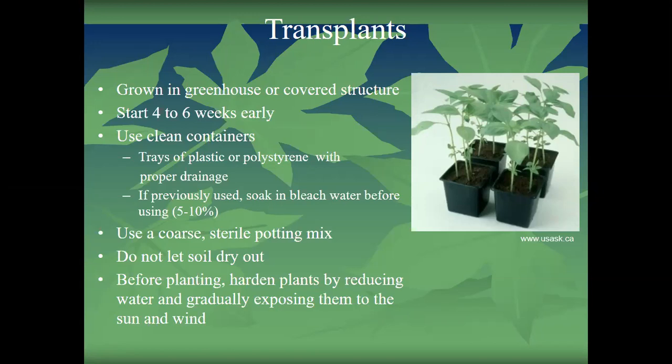Ideally we use the Pro Mix, and you'll recall the components of the Pro Mix. Can anybody recall the constituents of Pro Mix? It's mainly peat moss. And what else?